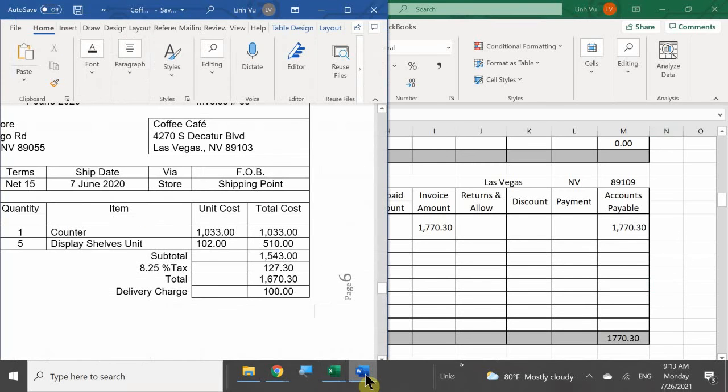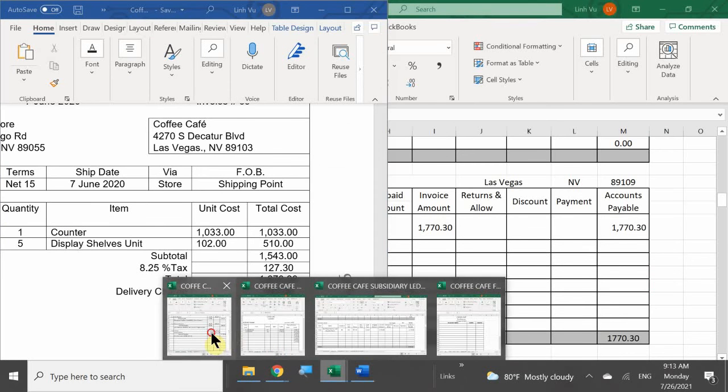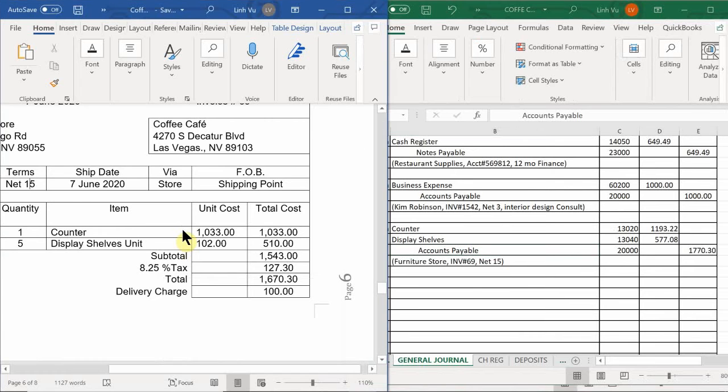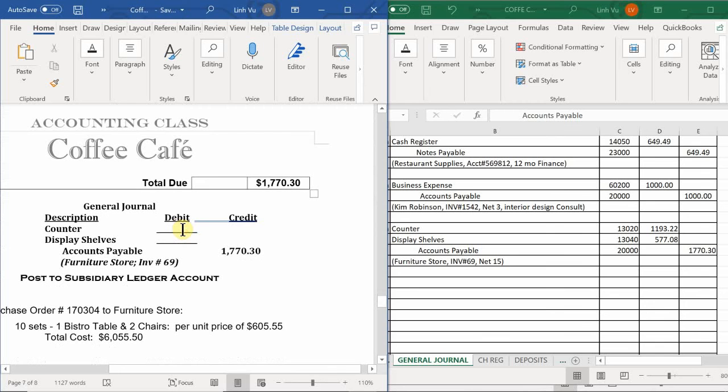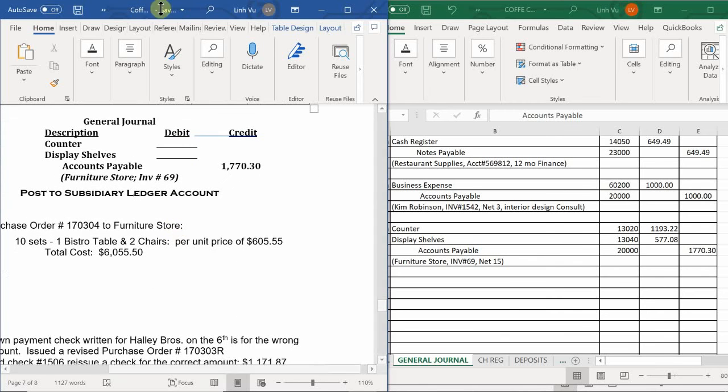So let's go ahead and continue on with our scenario. All right. So we entered in our bill for the furniture. And then what did we do here?